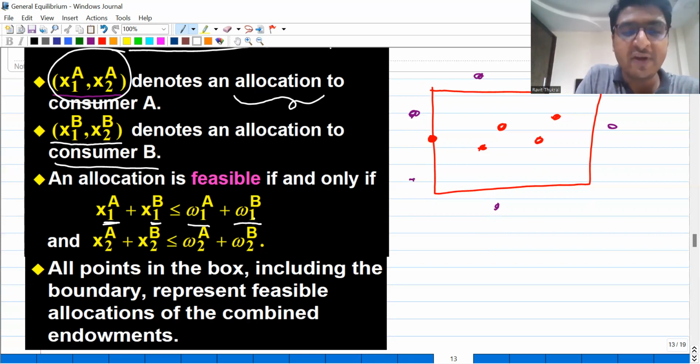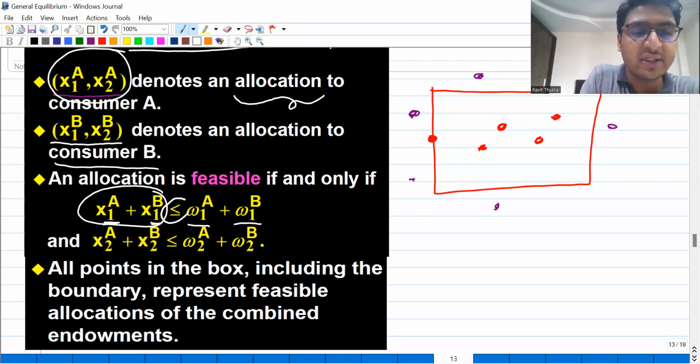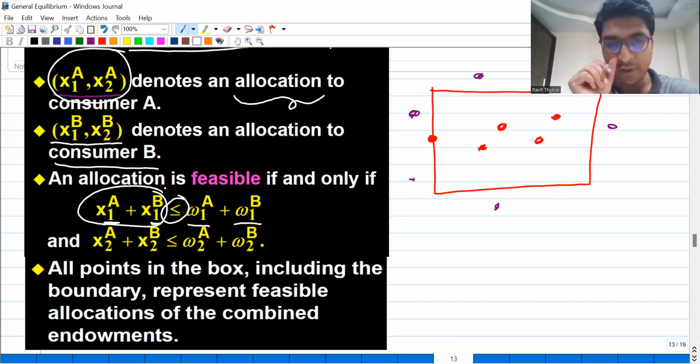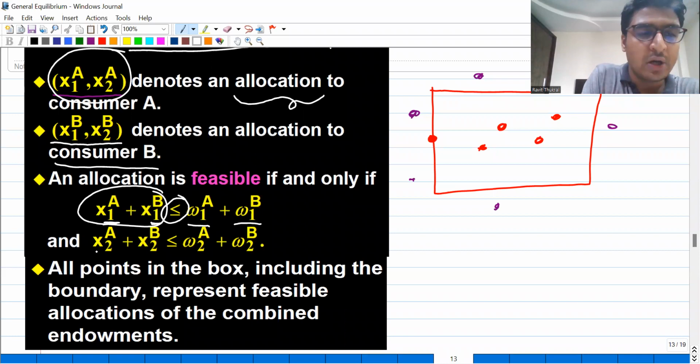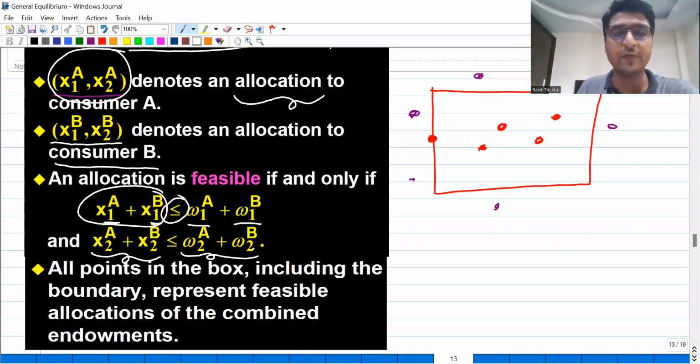Omega 1A plus omega 1B is the total endowment of good one in this economy. So total consumption of good one cannot be more than the total endowment of good one. So therefore, total consumption has to be less than or equal to the total endowment of good one. Similarly, total consumption of good 2 has to be less than or equal to the total endowment of good 2.